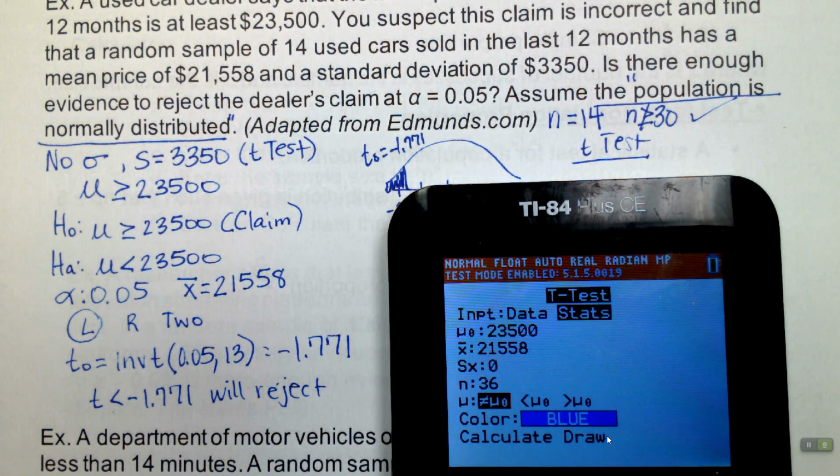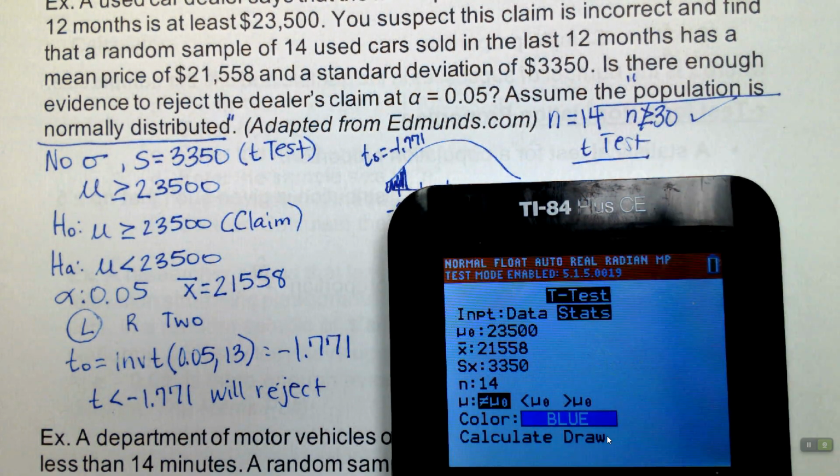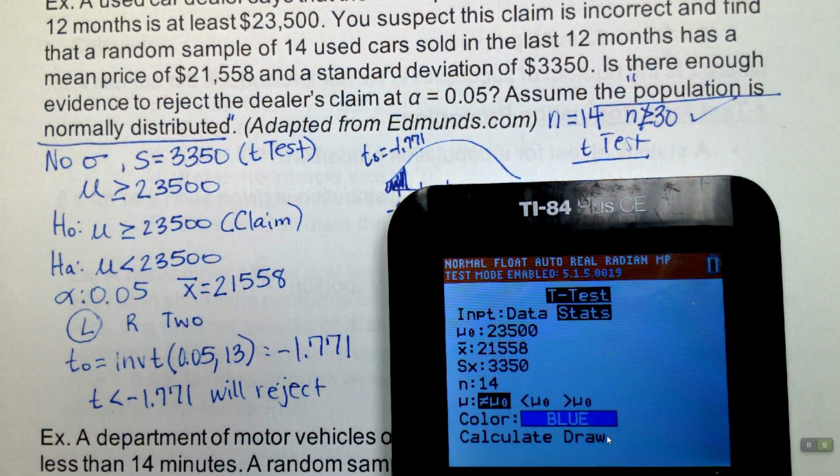Okay. Now it's going to ask us for the sample mean. Oh, it did. I already did that. Sorry. Sample mean, sample standard deviation. N is 14, right here. And then remember that last one is our HA sign pointing left, so let me make it point left.